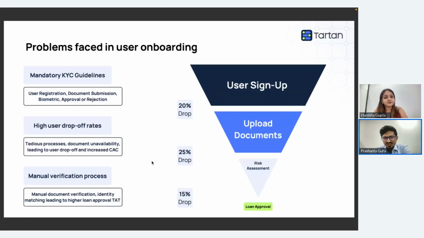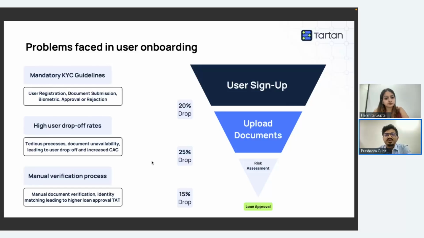One of the biggest problems that any digital lending organization faces is that a lot of people just drop off when they start the journey. At the start of the journey, it could be due to a long form that they have to fill, a lot of data that they have to fill. A significant number of people will just drop off there.